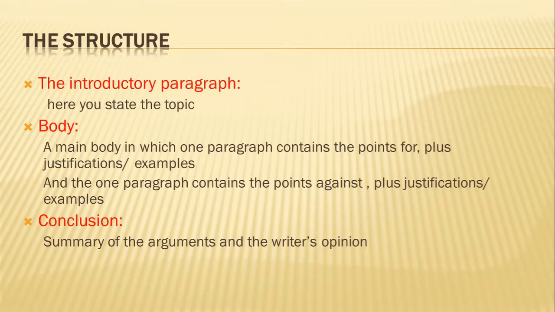And the other paragraph contains the points against, plus justifications and examples. Conclusion. In conclusion, we always summarize our opinion, our arguments, and here is also stated the writer's opinion.